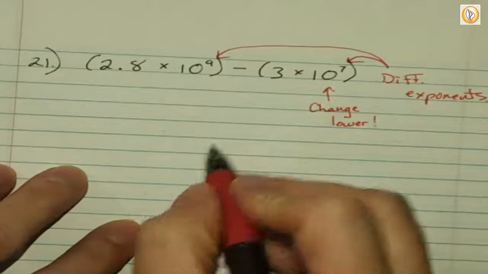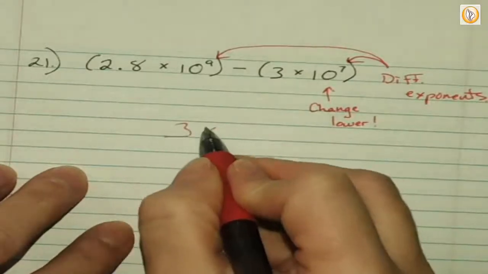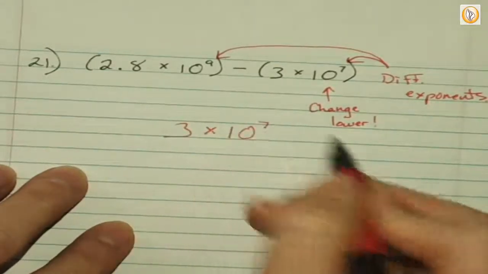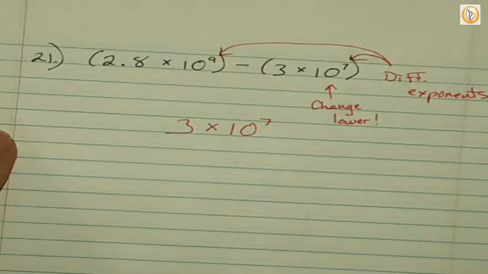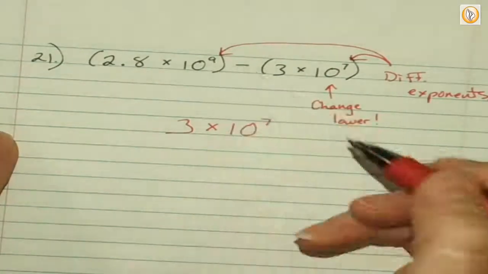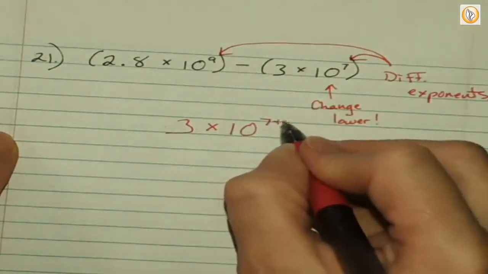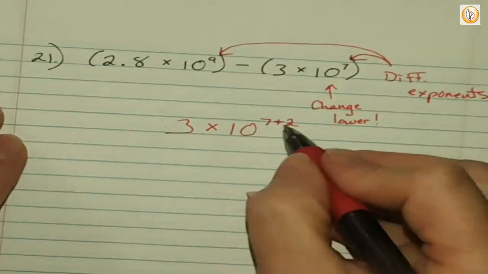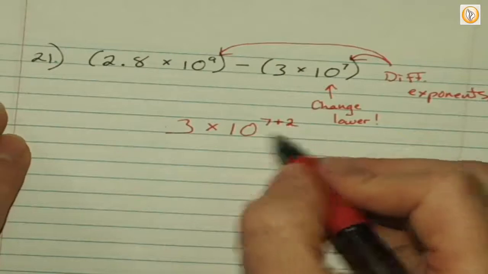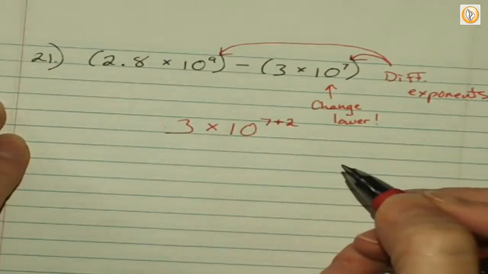Okay, so I'm going to write right here my 3 times 10 to the 7th. And let's see, Ariel, how many do I need to add to the 7 to make it match right here? 2. So I'm going to need to add 2. So, Franz, I'm adding 2. Now, if we were subtracting 2, we'd be going a different direction.